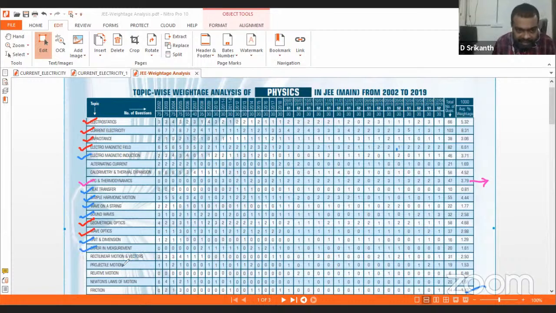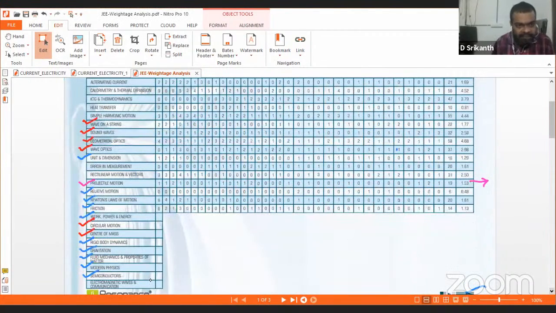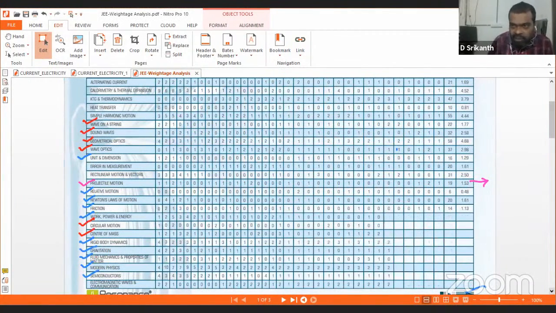Rectilinear motion, meaning motion in a straight line, and vectors. The projectile motion also you can keep in the second round. And the main thing students get bothered about is Newton's laws of motion and friction.